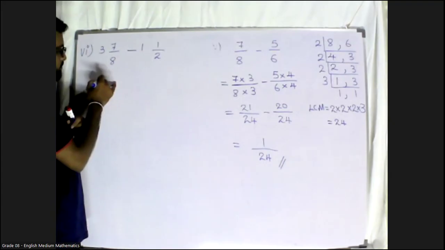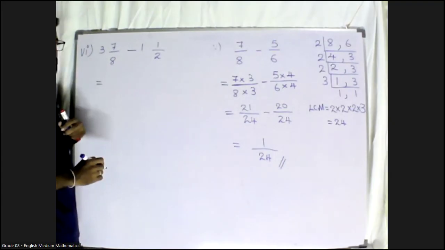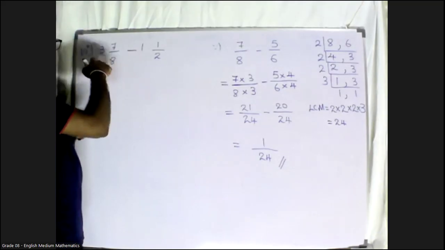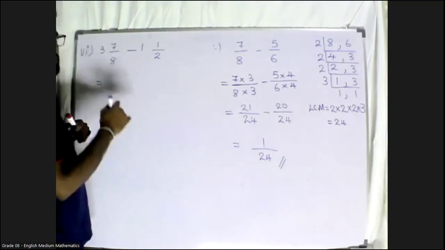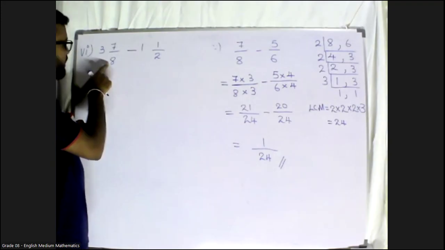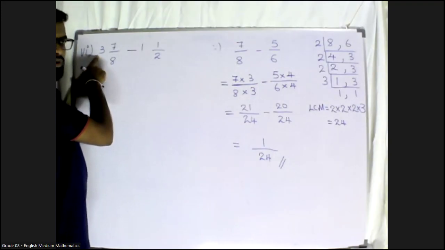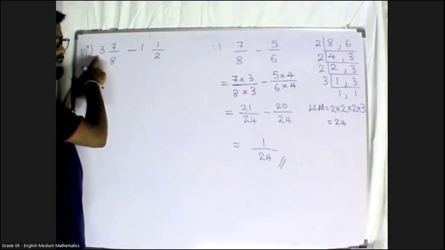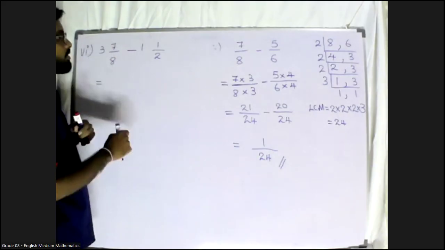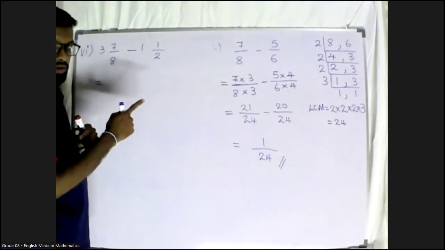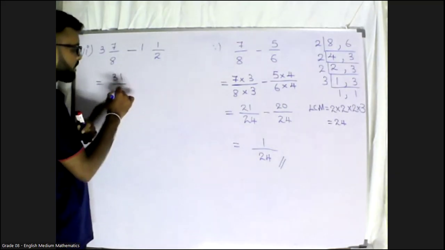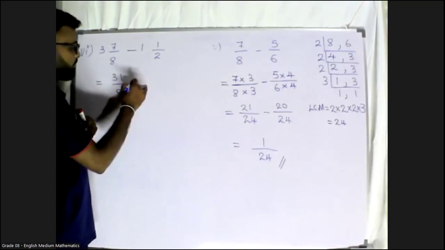Look at the equal mark, right? You know how to convert this into an improper fraction, right? The last time I told you: 8 times 3, 24. Keep that in your mind. 24 plus 7, 31. 31 upon 8, minus.